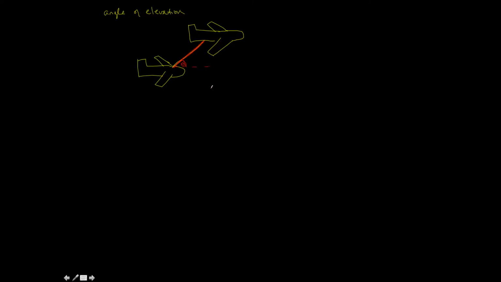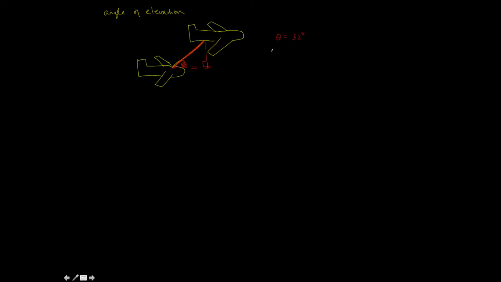It's all about the horizontal line. If you go down from the horizontal, it is depression. Up from the horizontal is elevation. So because of where this hose is, our horizontal line must be right here. So here is our right triangle. Our theta, the angle of elevation that this hose is making with the other airplane, is 32 degrees.